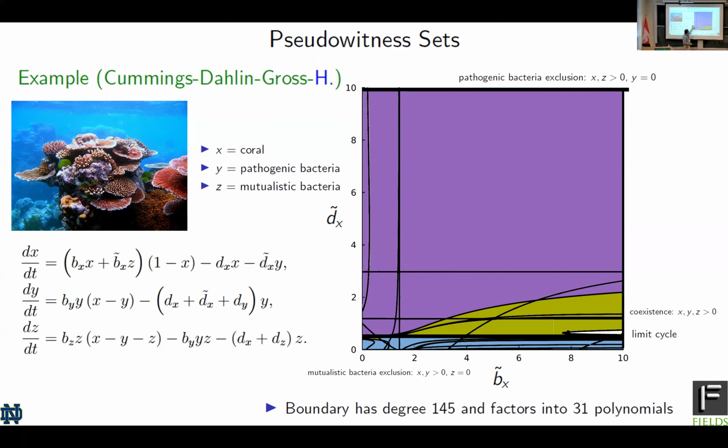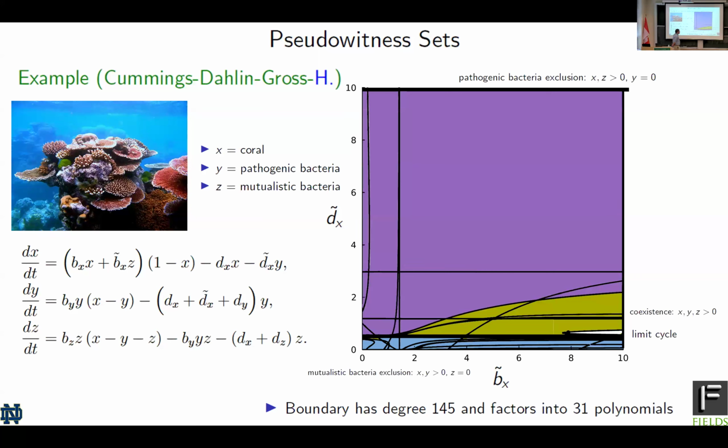Then we can compute the hypersurface boundary corresponding to the Routh-Hurwitz conditions, and then look at the complement. In this case, the boundary has degree 145. Macaulay2 was able to compute this with some tricks that we did, and it factored into 31 factors.